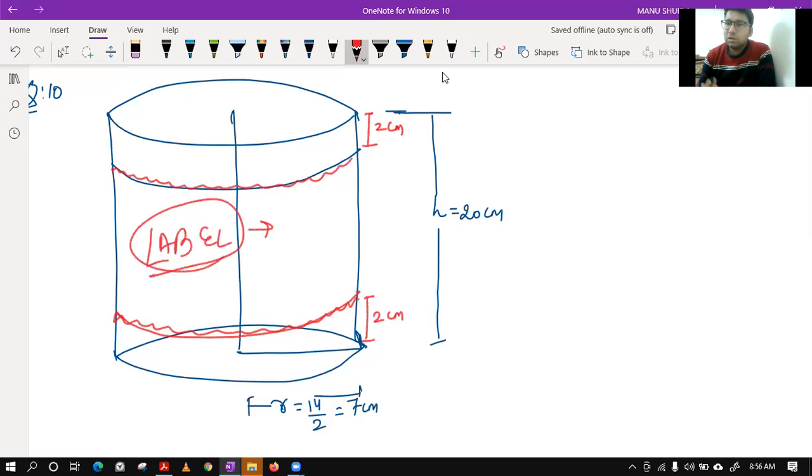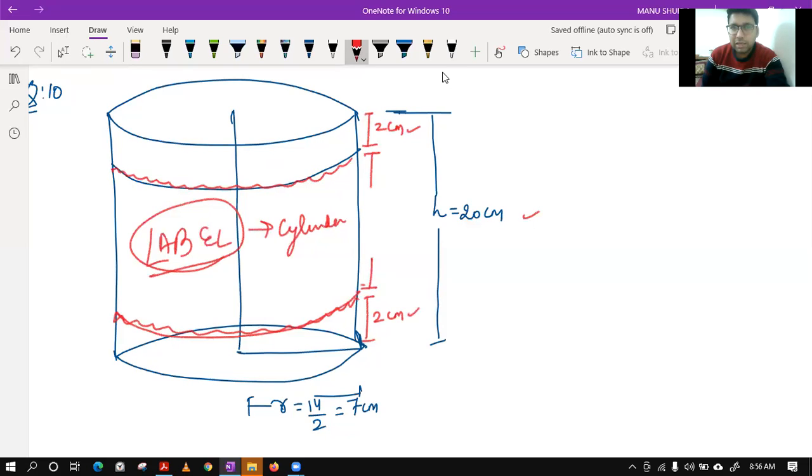Label is also a figure only. It is also a cylinder, with height equal to how much? If you subtract 2 and 2 from 20, you will get the new height of the label.